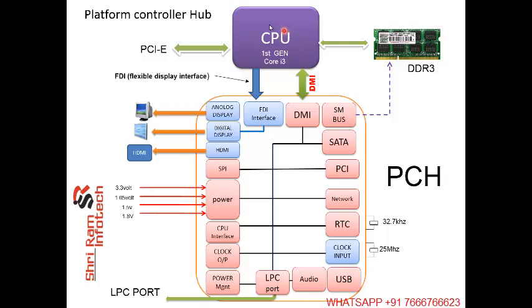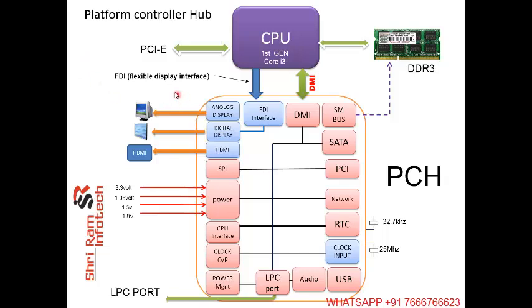And the CPU has another port called PCI Express. If the motherboard requires a graphics chip, then you can connect the graphics chip at the PCI Express port. You can see most motherboards have graphics options, some have and some don't.